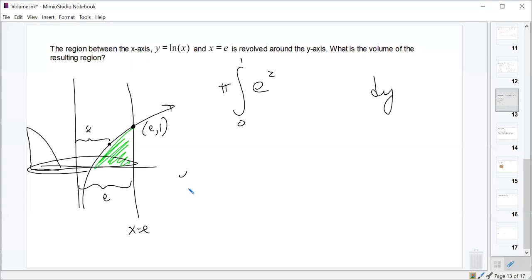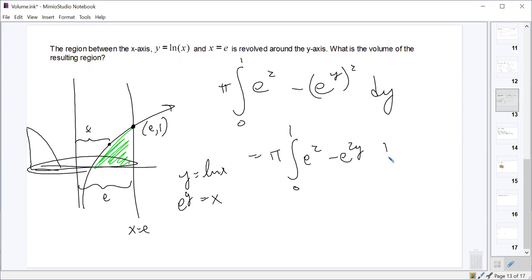And so if y equals the natural log of x, then e to the y is equal to x. So this ought to be minus (e to the y) squared, or e to the 2y. Good? Everybody agree with that?